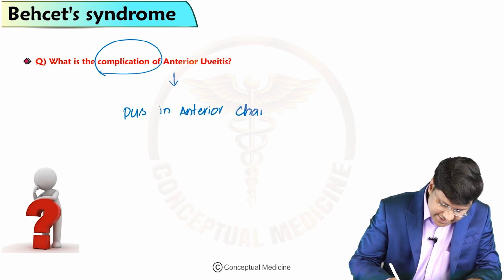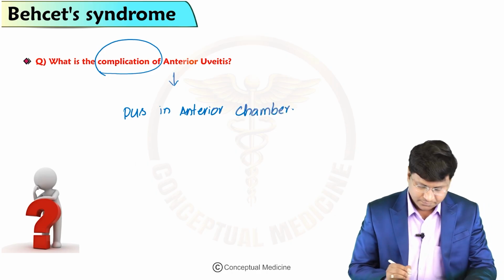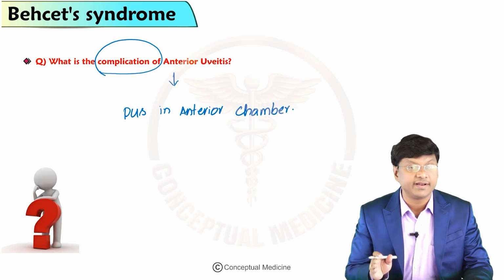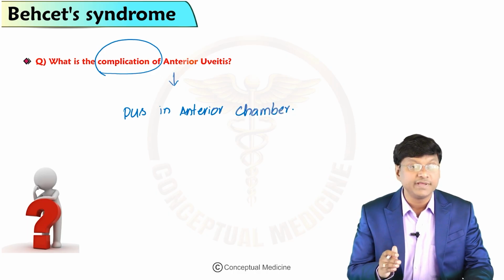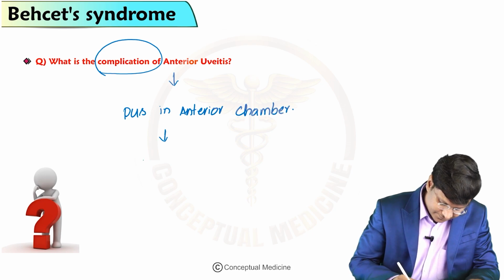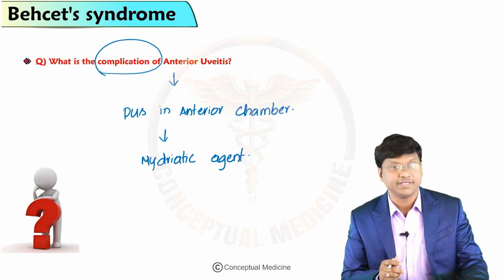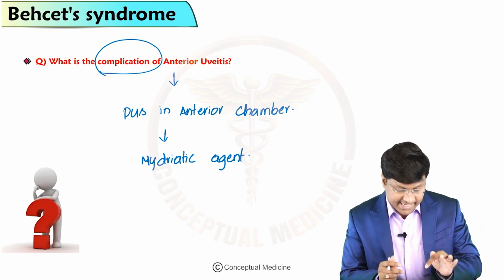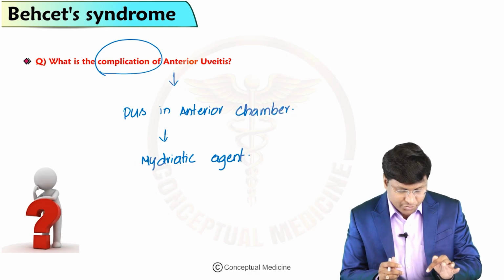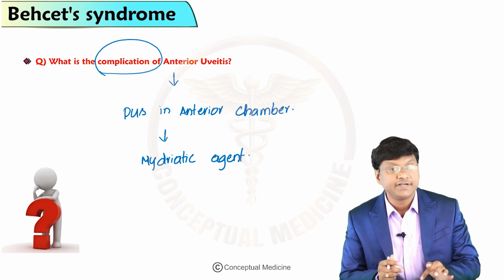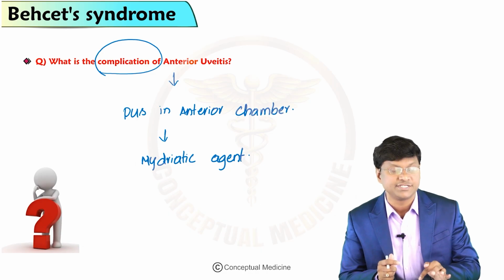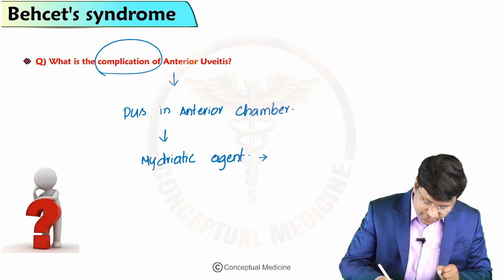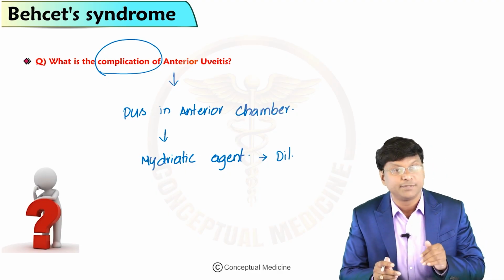So in order to see that the pus is drained out, you need to give a mydriatic agent. This mydriatic agent will cause the dilatation of the pupil.